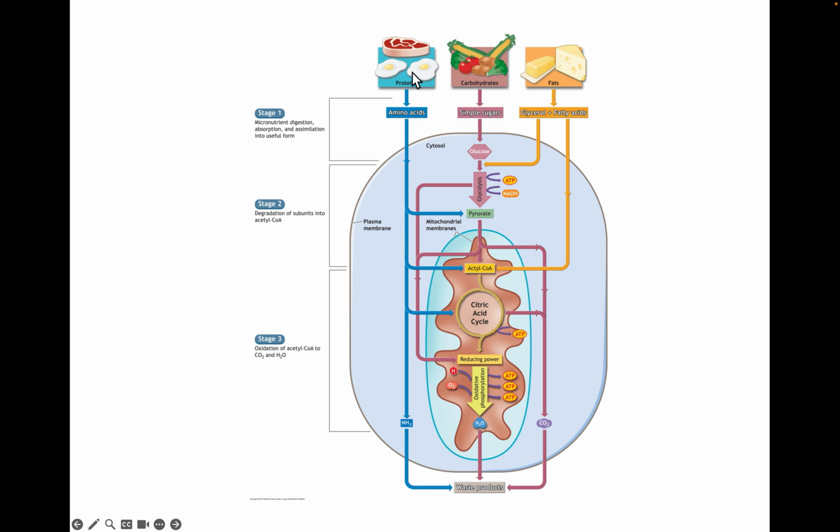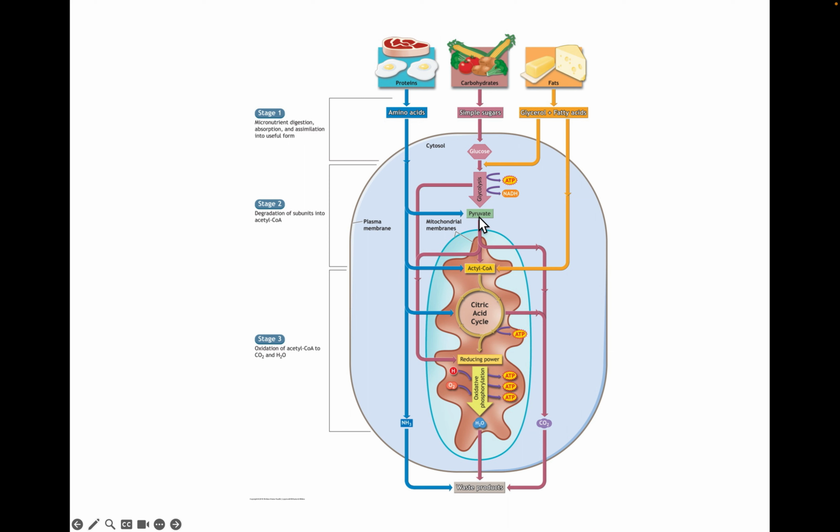Okay, what you'll notice there is that parts of protein are used in the process of glycolysis. Okay, so parts of proteins are broken down into their amino acids. Some of it's used to create pyruvate.